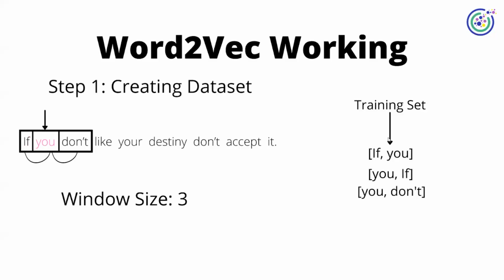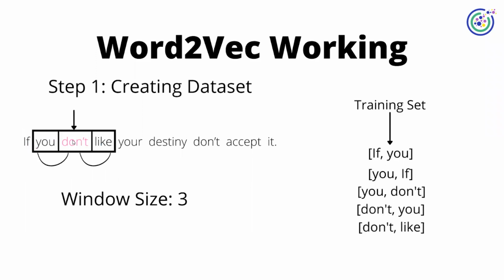Next we traverse to the next word. With the word u, if and don't occur in the neighborhood. If you take window size 5, it's going to add two words on each side. So u occurs with if and don't, which are bound to occur nearby to that word, so you add both of them to your training set.